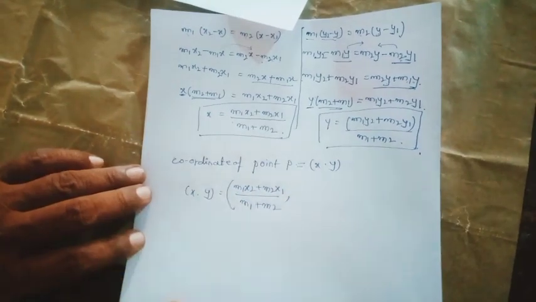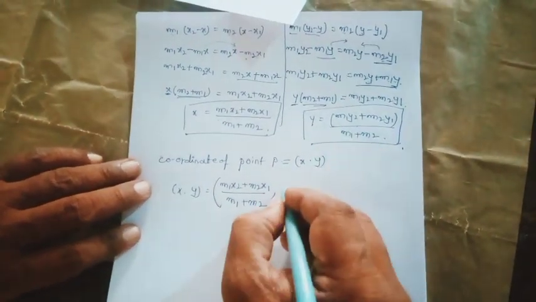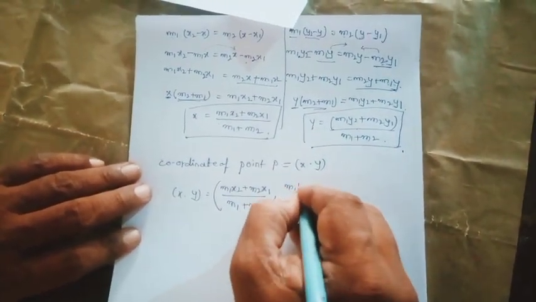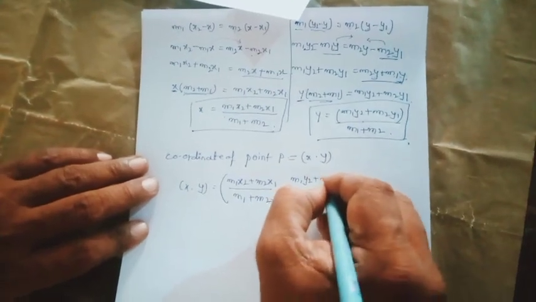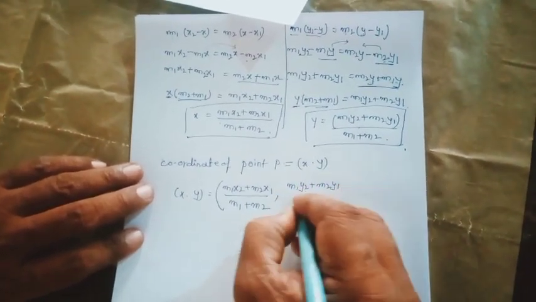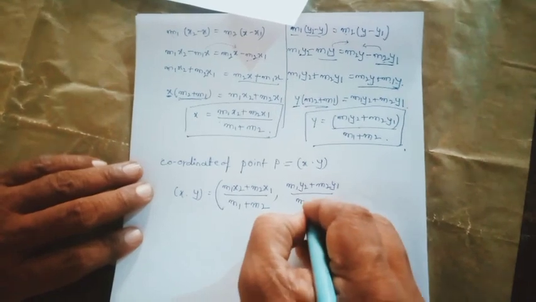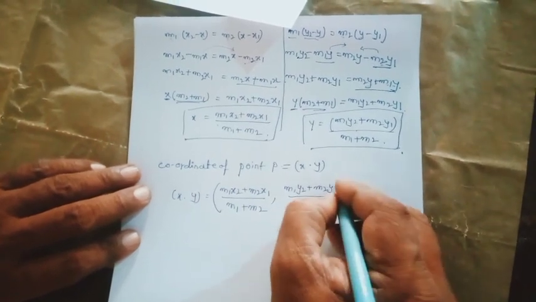This is the X coordinate. And similarly, the Y coordinate is M1 Y2 plus M2 Y1 divided by M1 plus M2.